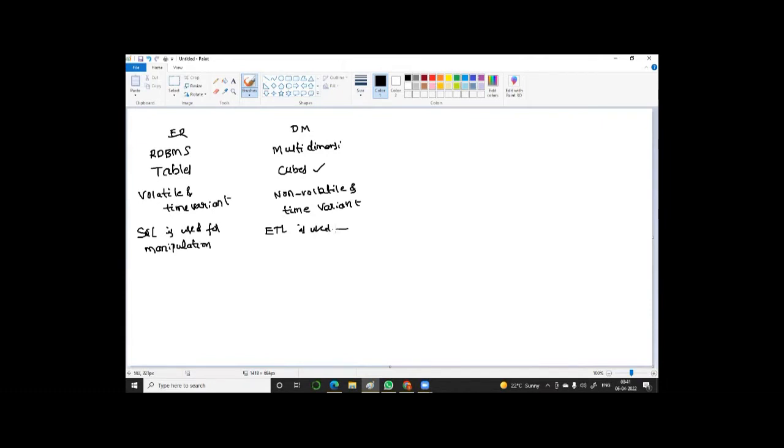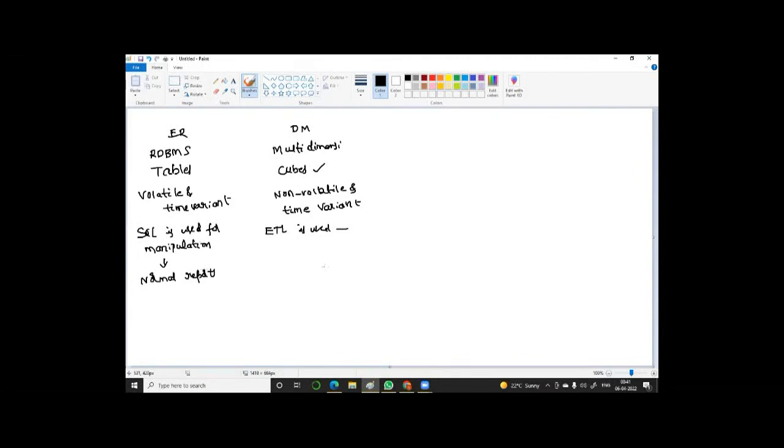Out of these differences, the final thing is that here you can get user friendly reports. As I told you, in the ER model, when the queries come, you cannot generate user friendly or mathematical reports instantly.